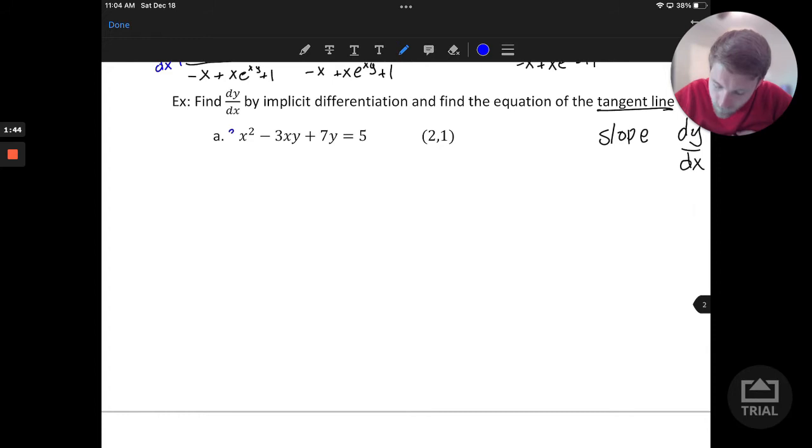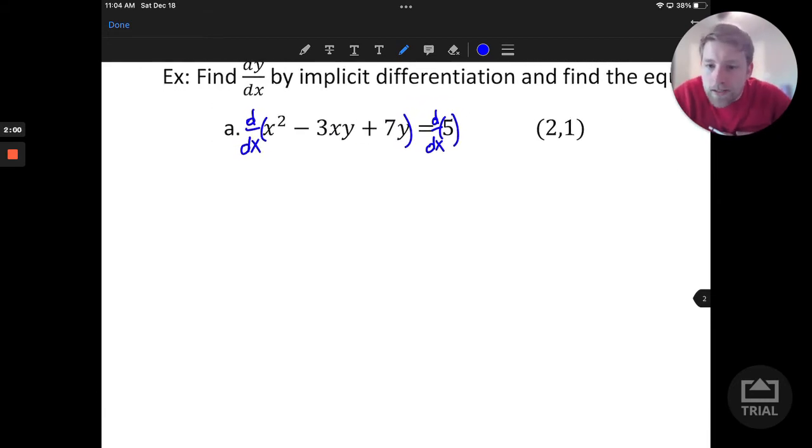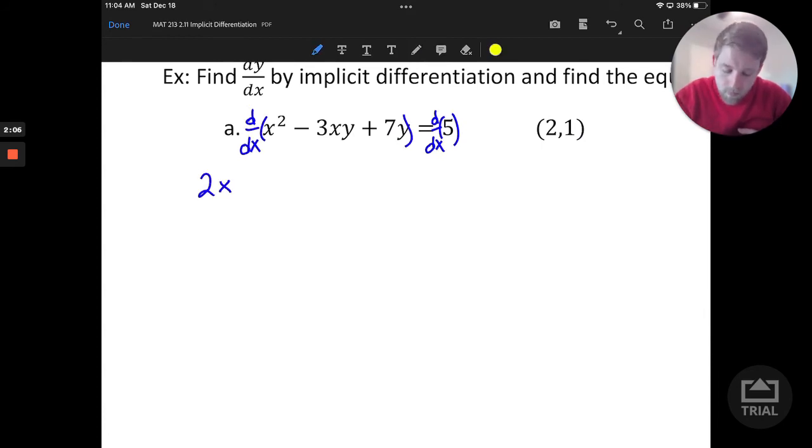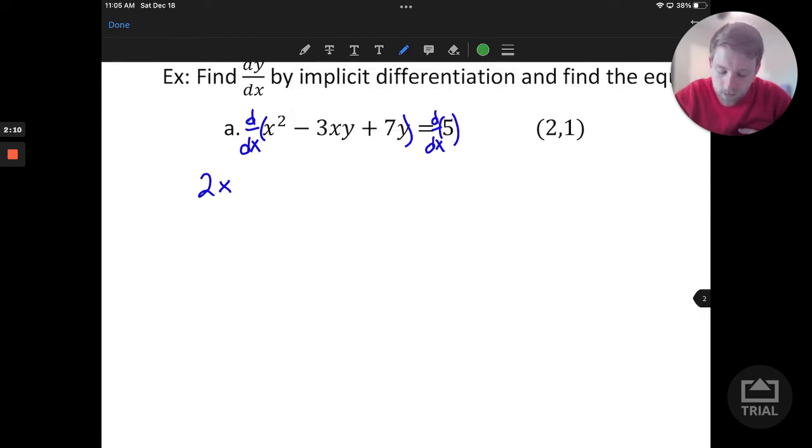We have the derivative with respect to x of the left side, and we have the derivative with respect to x of the right side. So jumping in, the derivative of x squared becomes just a 2x. Then we come across the second term here, which is a product.